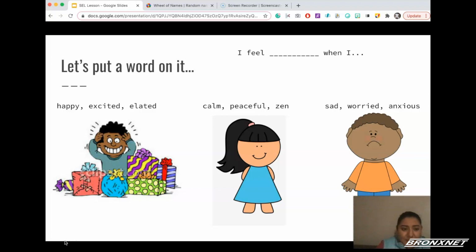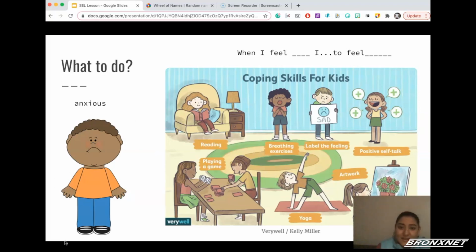So now, boys and girls, what I'm going to show you now are ways to cope with how we feel. Sometimes you might feel anxious and you don't want to feel anxious. What can we do? Here are some strategies to help you. If you are feeling anxious, we can read a book to get our mind to stop thinking about whatever is making us feel that way.